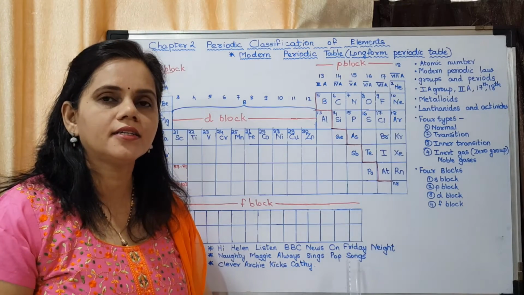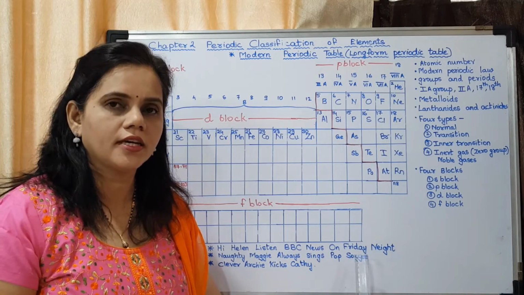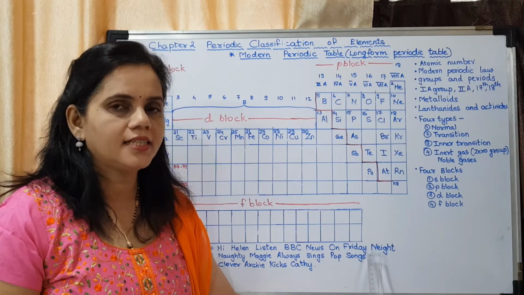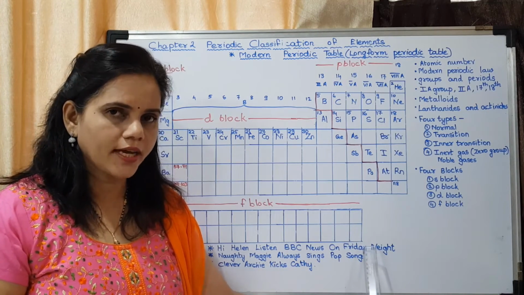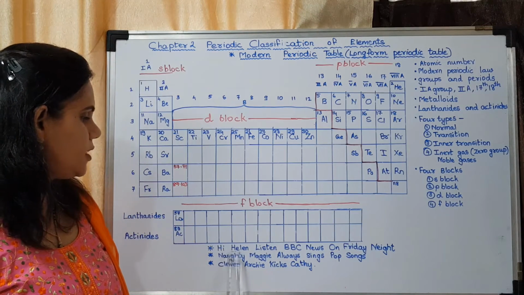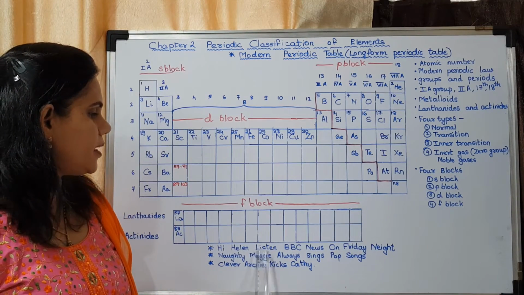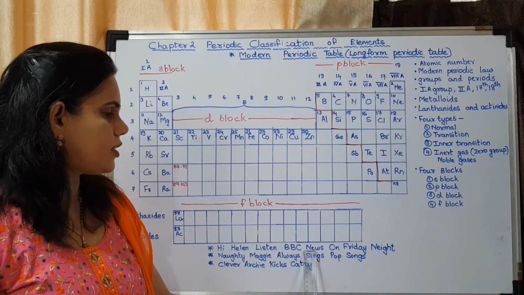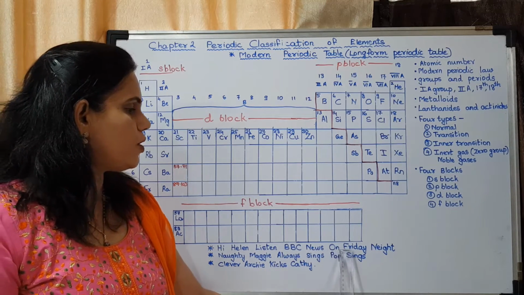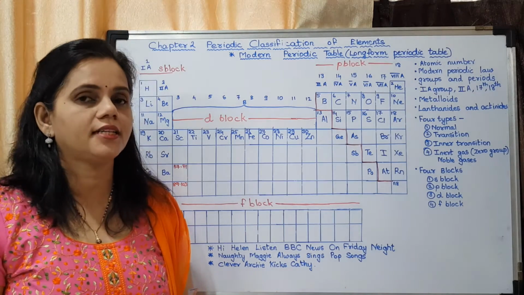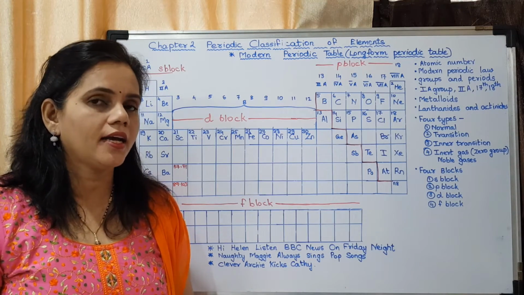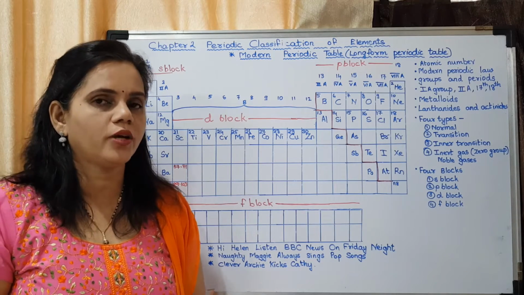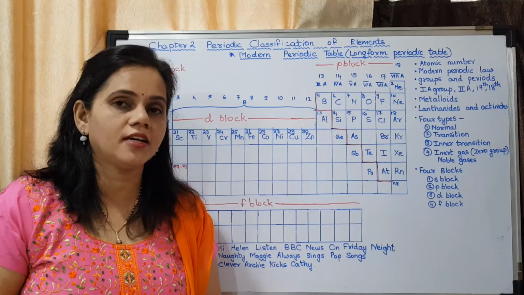I have written the spelling purposely wrong here so that you might understand; it is Ne, that is neon. So these are hydrogen, helium, lithium, beryllium, boron, carbon, nitrogen, oxygen, fluorine, neon, the first 10 elements. Hi Helen, listen BBC News on Friday night. Hope you are finding it easy to learn.